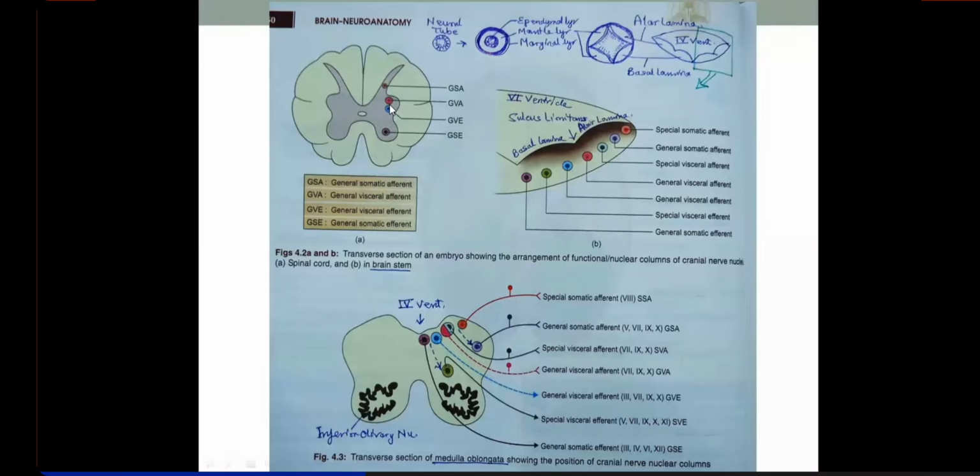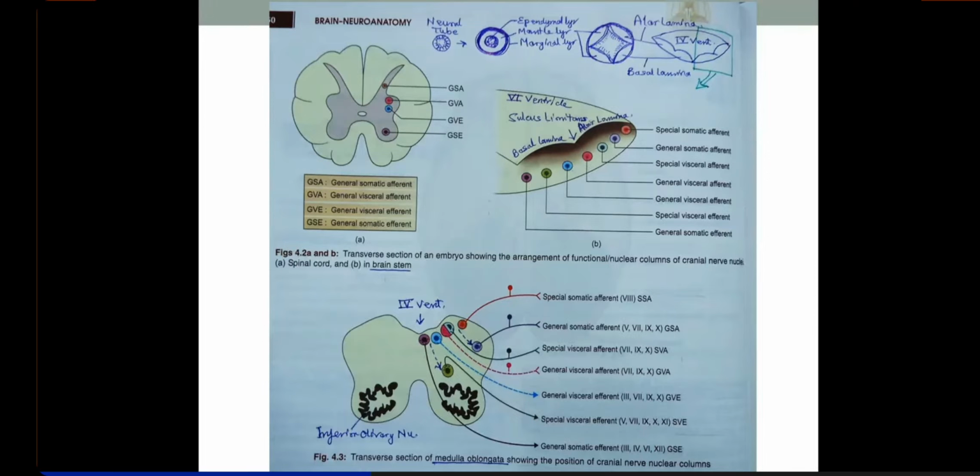Then the other two functional columns are for viscera. That's why we call them visceral fibers. This is an autonomic functional column, and it also has efferents and afferents. General visceral afferent will receive sensations from the viscera, autonomic fibers. Then the general visceral efferent, the autonomic preganglionic fibers, may be sympathetic or parasympathetic.